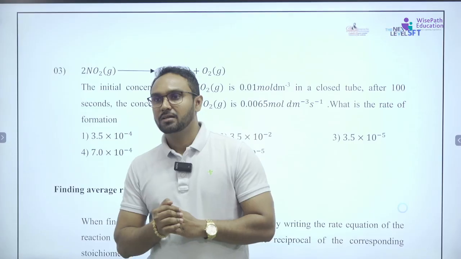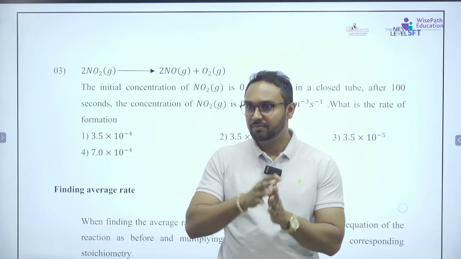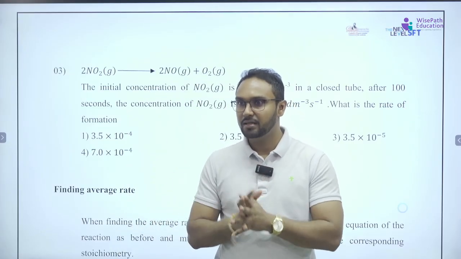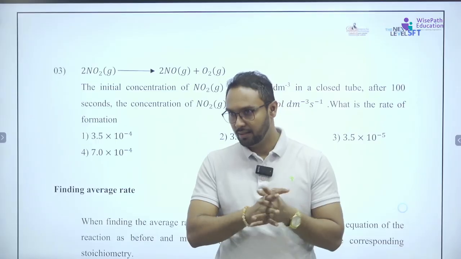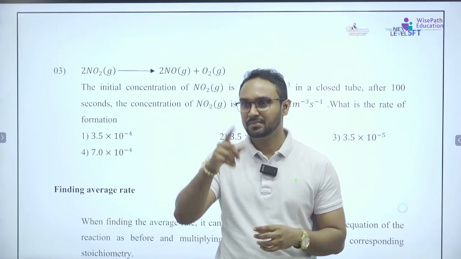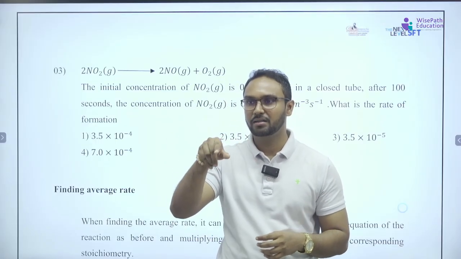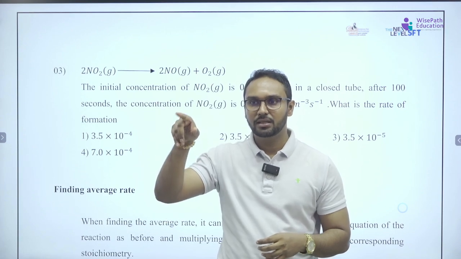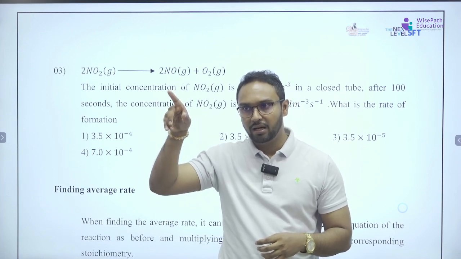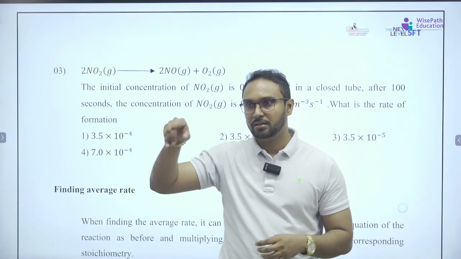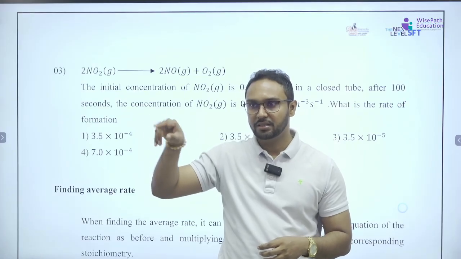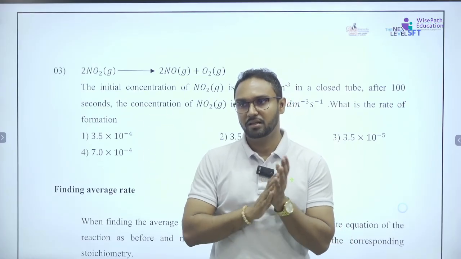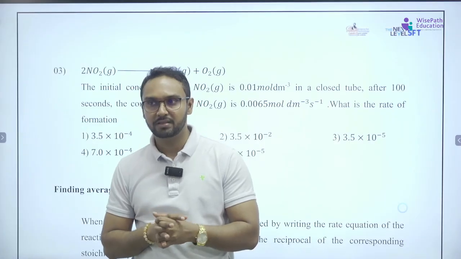So the rate of reaction formula is final minus initial divided by time. It could be products, could be reactants. And there is a simple formula: R equals delta n over delta t. R equals delta concentration, which is a square bracket, divided by time. Those two formulas were there.